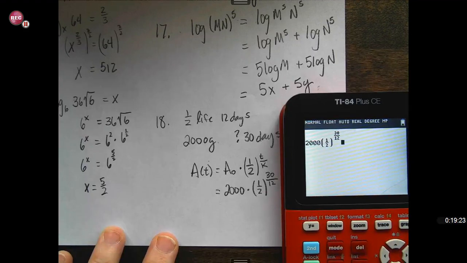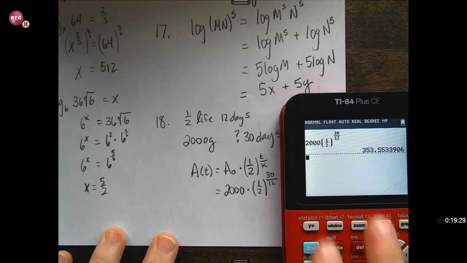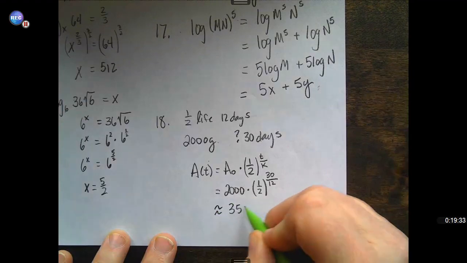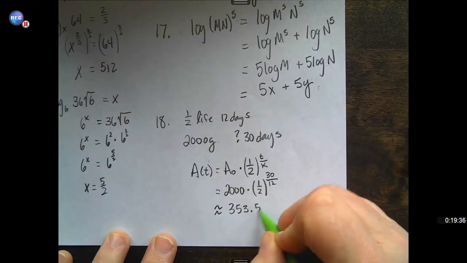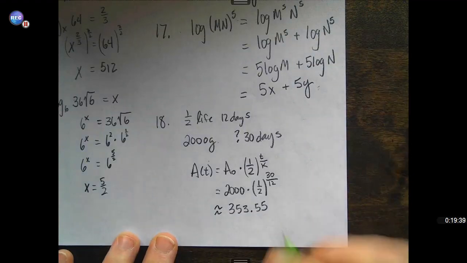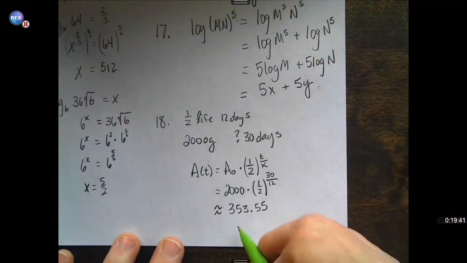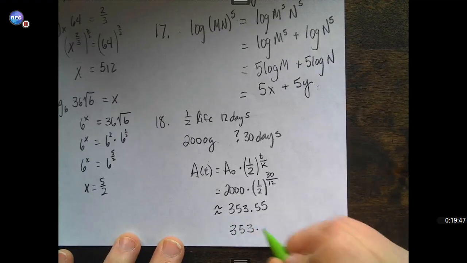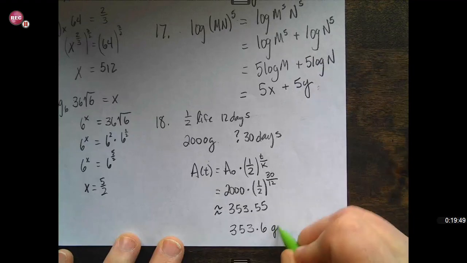Okay, so I have it in there exactly the way it's written. I press enter. 353.55. So the question asks how much will remain after 30 days? Approximately 353 point, we'll say 6 grams.